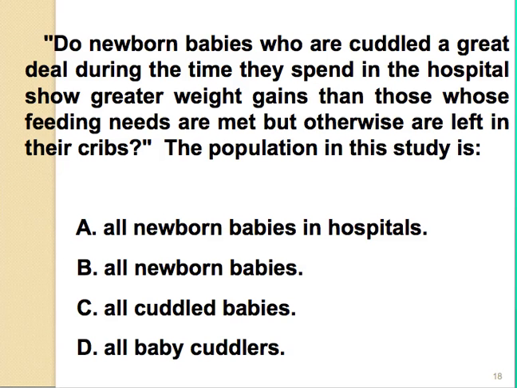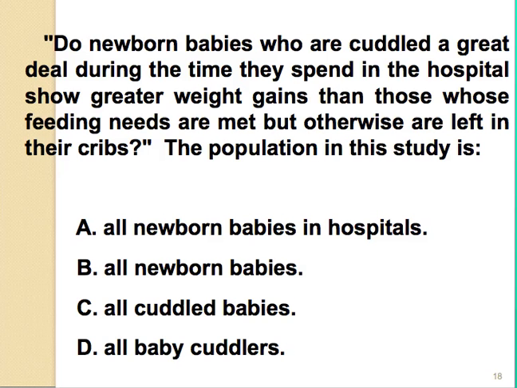Okay? Now here's a question for you to try. You are asked to identify the population for this study. The research question is, do newborn babies who are cuddled a great deal during the time they spend in the hospital show greater weight gains than those whose feeding needs are met but otherwise are left in their cribs? You need to identify the population for this study.